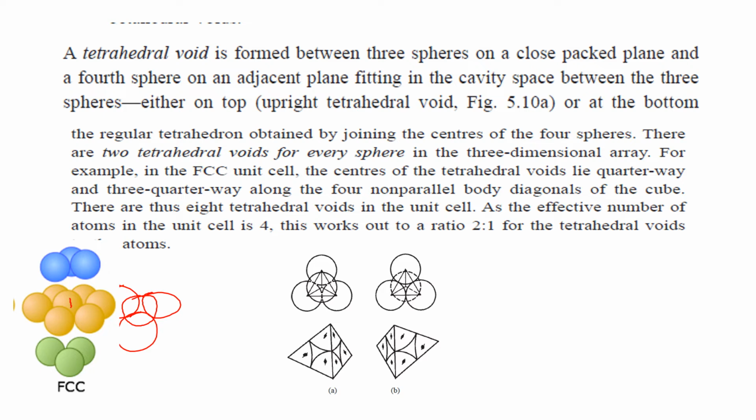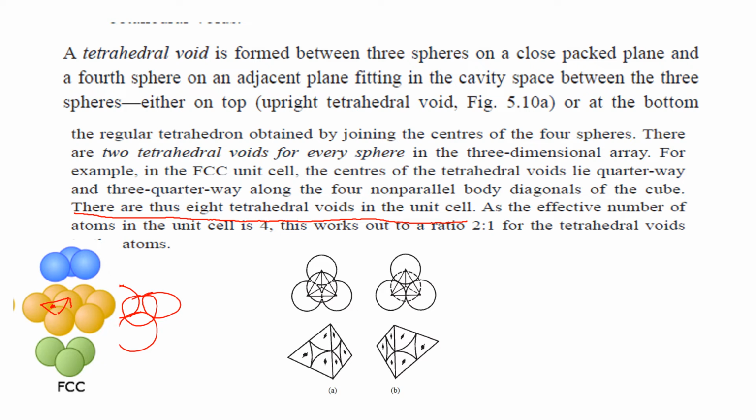So how is the number of voids 8 in an FCC? You can see here there are 8 tetrahedral voids in a unit cell. So how? You can see that there is one. This is one such structure. So you see one void there. How many such voids are there?